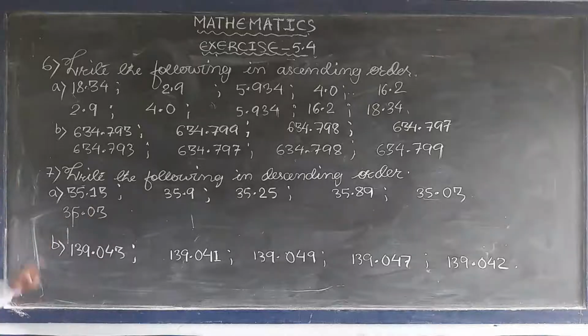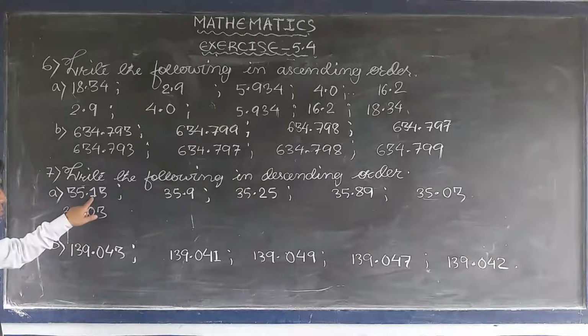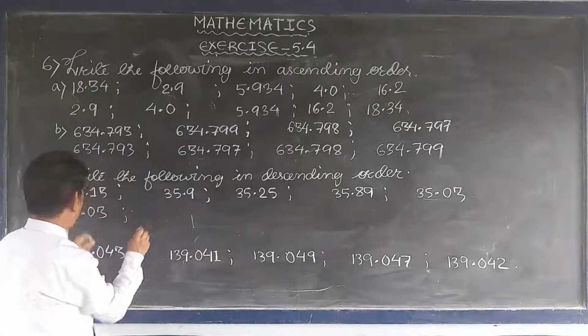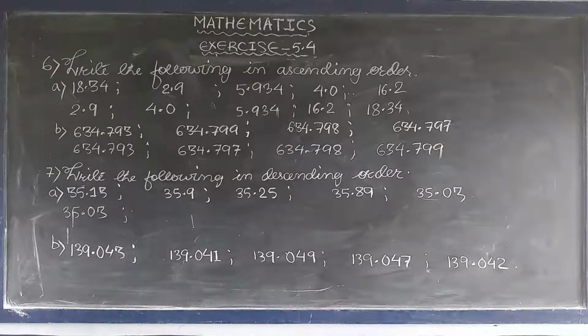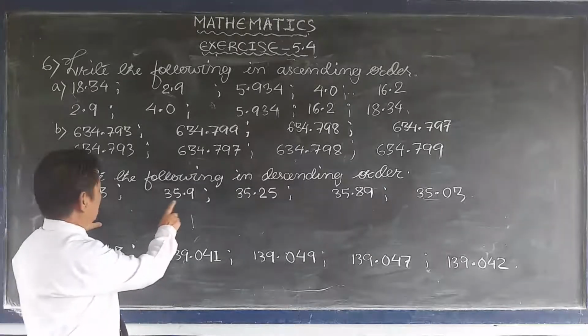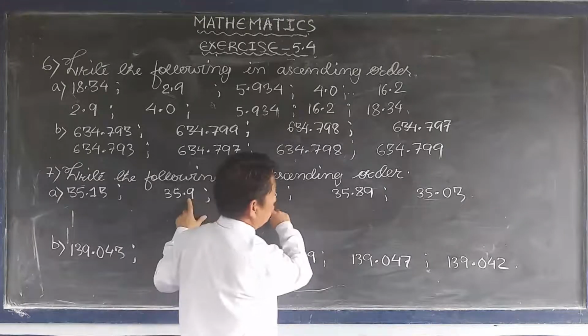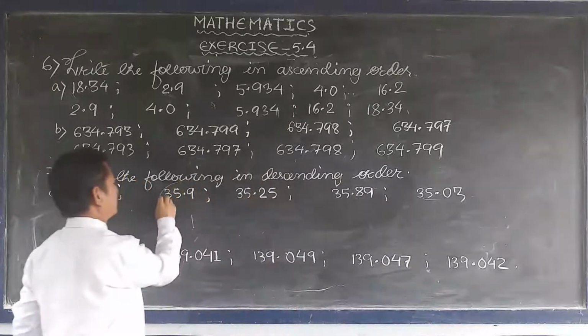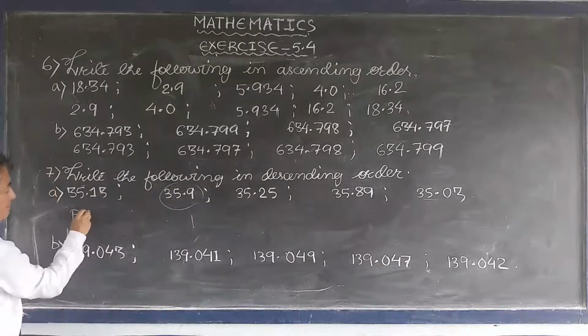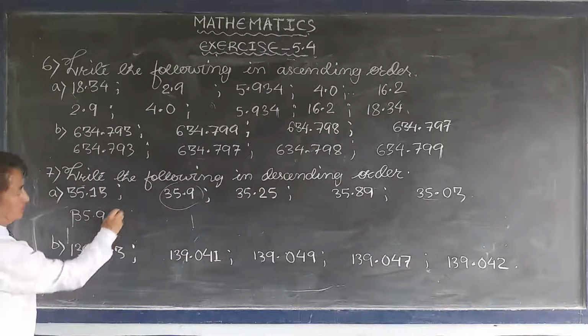35.03. What comes after 0? 1. So this one is the second. We are arranging in descending order, from greater to smaller. 1, 9, 2, 8. This one is the greatest number: 35.9.